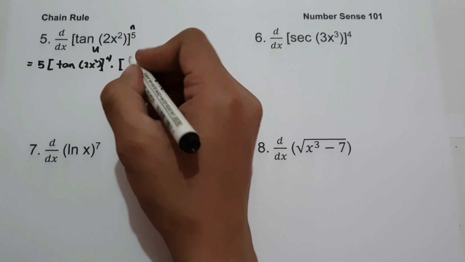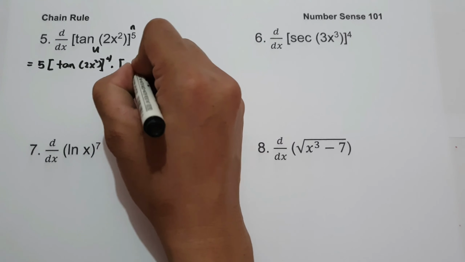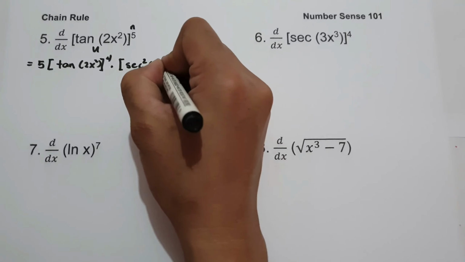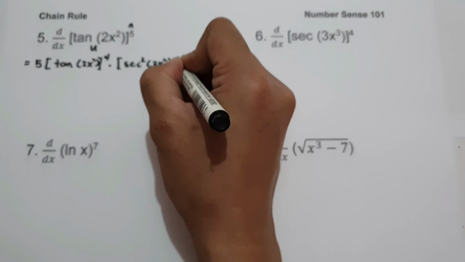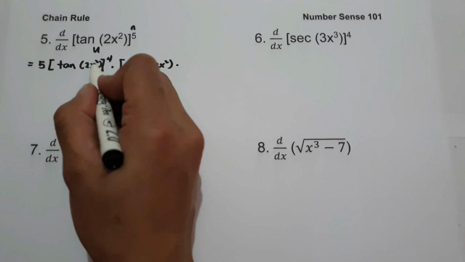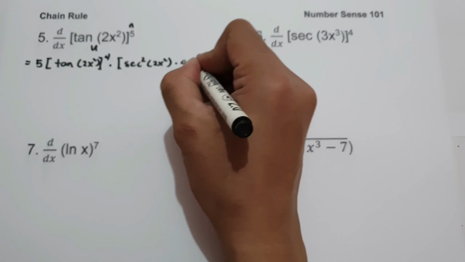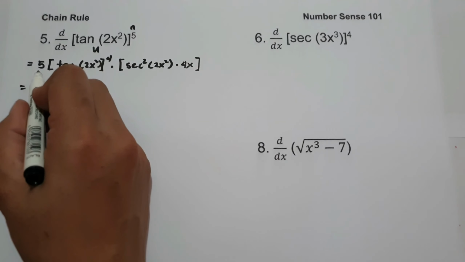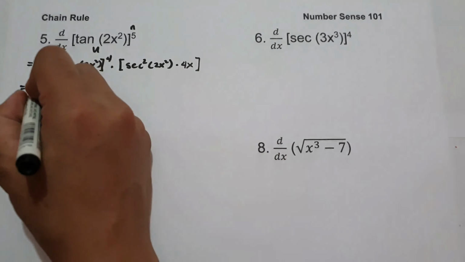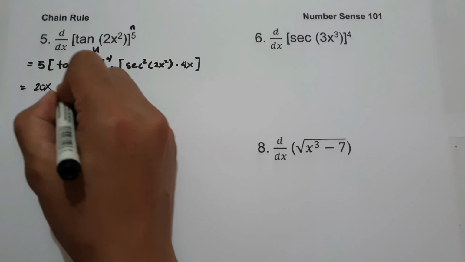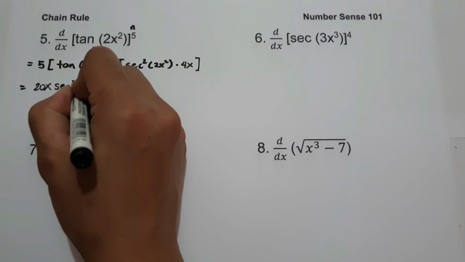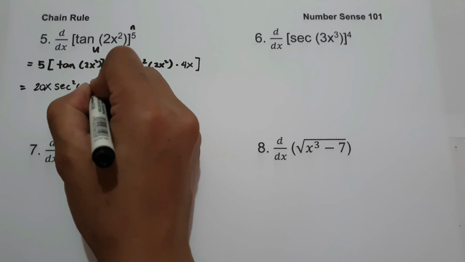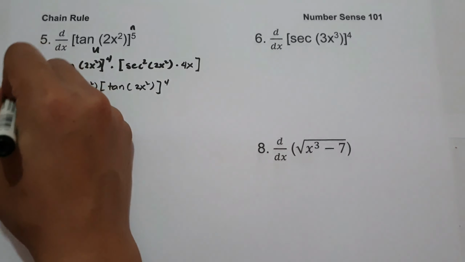So the derivative of tangent 2x squared, that is secant square 2x squared, multiplied by the derivative of 2x squared, that is 4x. And to write our final answer, we are going to have 5 multiplied by 4x, that is 20x times secant square 2x squared times tangent 2x squared raised to 4. And this will be our answer.